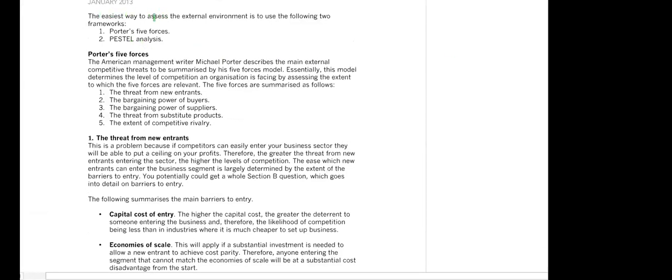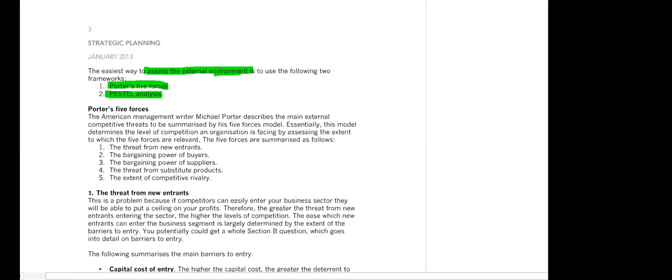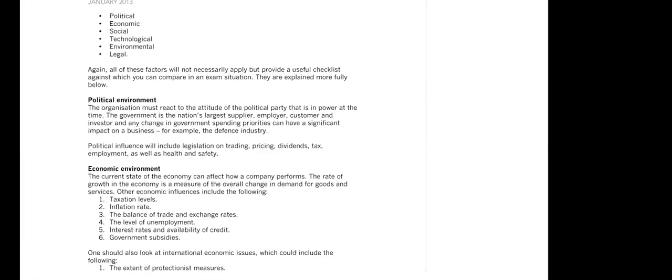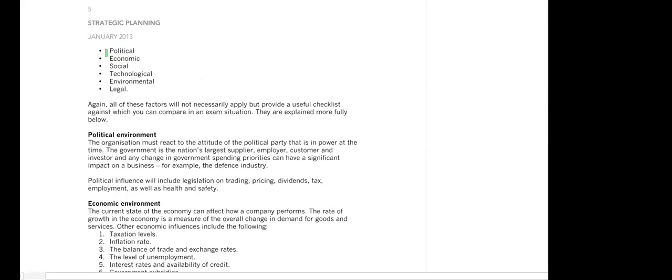Now, when you're assessing the external environment, two popular frameworks that are used are Porter's 5 forces framework and PESTEL analysis. We will first be studying PESTEL analysis, and then we'll move towards Porter's 5 forces.